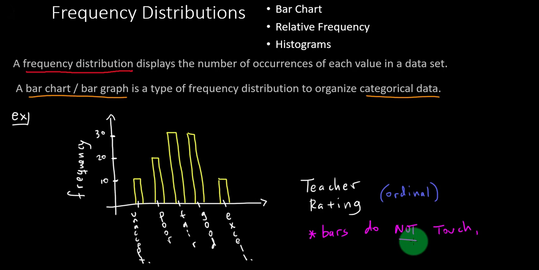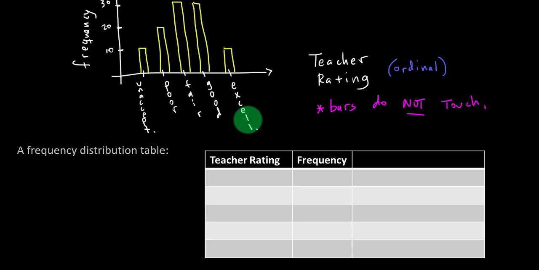Sweet. We can also display the same information in a tabular format. Graphs are really nice, but sometimes a table is also desirable for certain reasons. We're going to create a frequency distribution table. It's going to display all the same information, but just in a table. I've already got one queued up here. I do need to still have my variable listed, so I've got teacher rating right there.